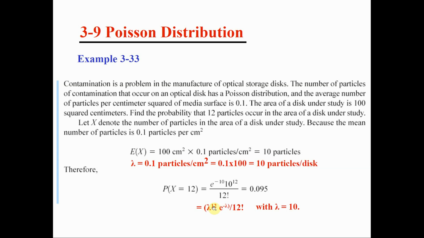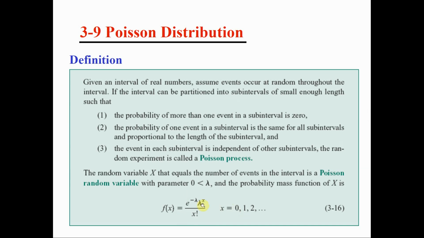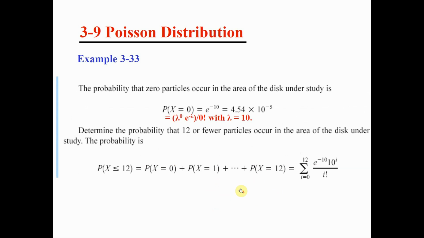So lambda to the power of 12, e to the power of minus lambda over 12 factorial, which is the Poisson equation, lambda to the power of x, e to the power of minus lambda over x factorial, with x equal to 12. The only remaining issue was what lambda to use, and lambda is equal to 10, the 0.1 scaled by 100. This gives us 10 to the power of 12, e to the power of minus 10, over 12 factorial, which is 0.095.